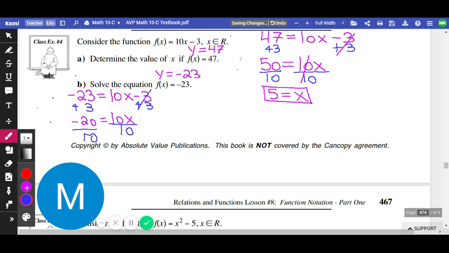When you divide by 10, you get your final answer of negative 2 equals x. Right? Input value would be negative 2. Output value would give you negative 23.